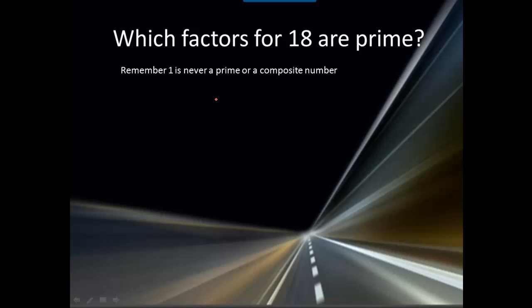Let's list the factors of 18. 2 times 9. 2 is already prime. Let's try 9. 3 and 3. So the prime factors for 18 are 2, 3, and 3.